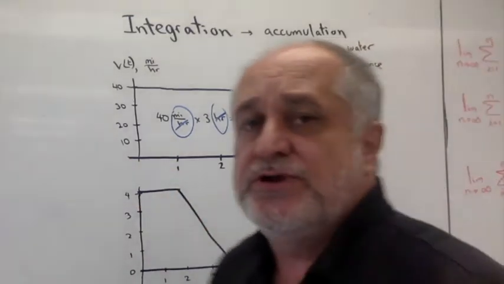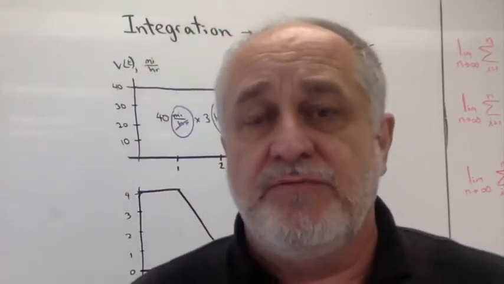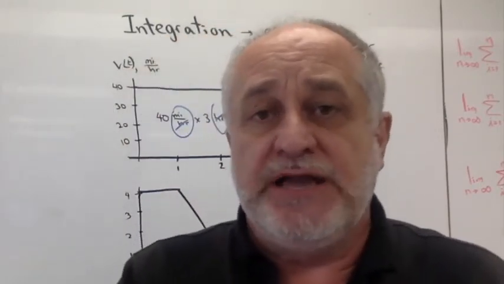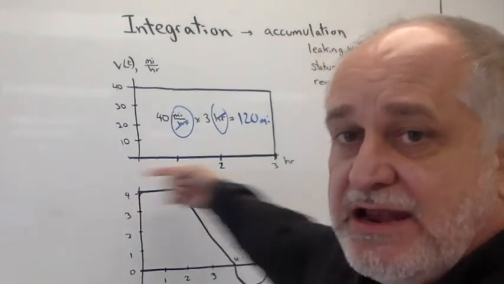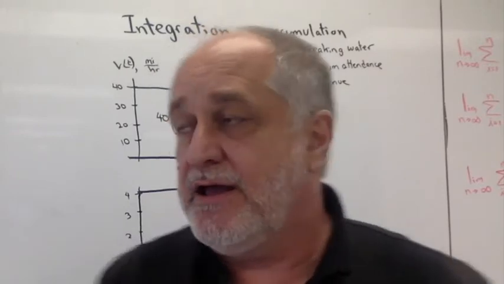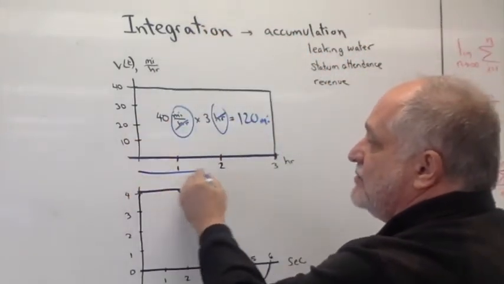In geometry, you were never allowed to use the notion of a negative area. However, if you were to think about the distance of accumulation from time 3 to time 0, that would actually be negative 120. And the other thing you could consider is what happens if the velocity were under the curve.